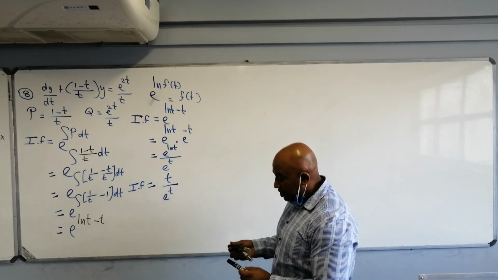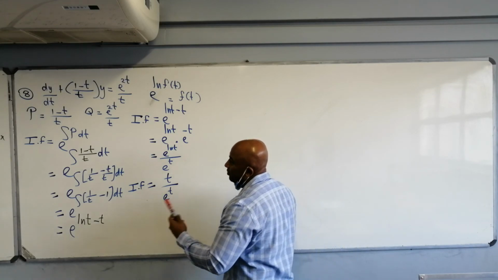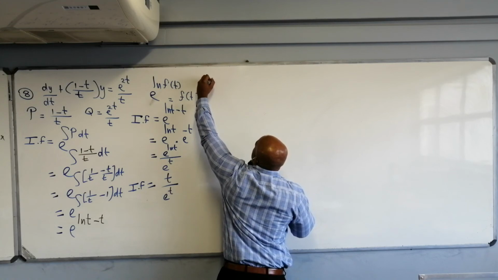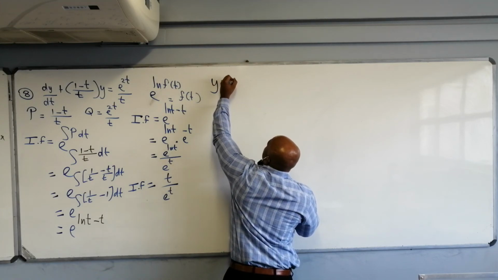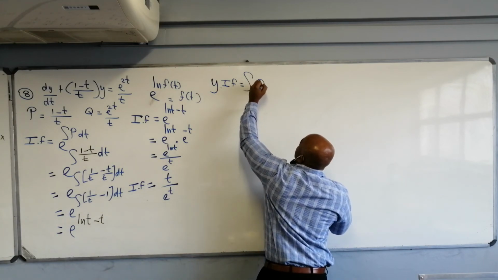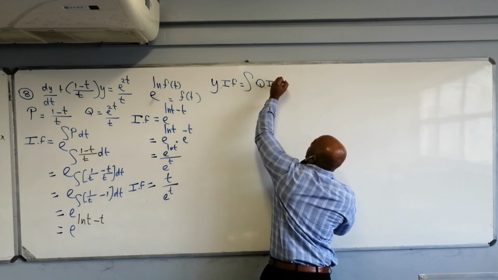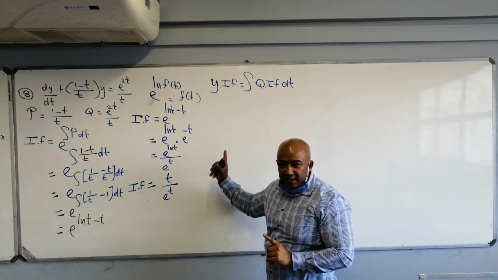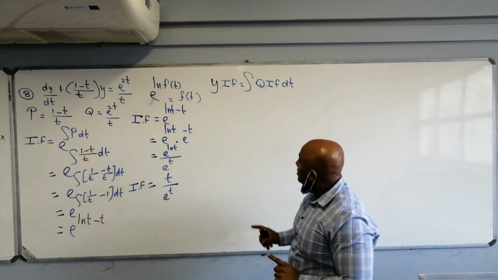So now, once you do this, now our formula, so it's going to be y times your integrating factor is equal to the integral of q times your integrating factor dt. Remember, don't forget we're integrating with respect to t.